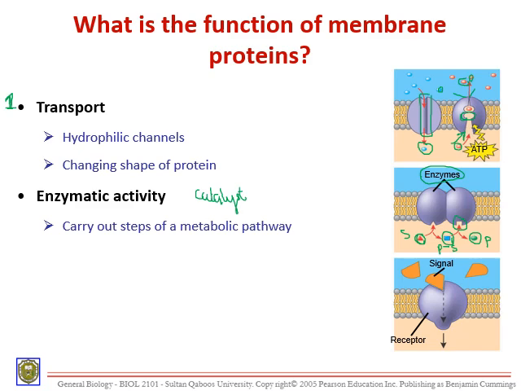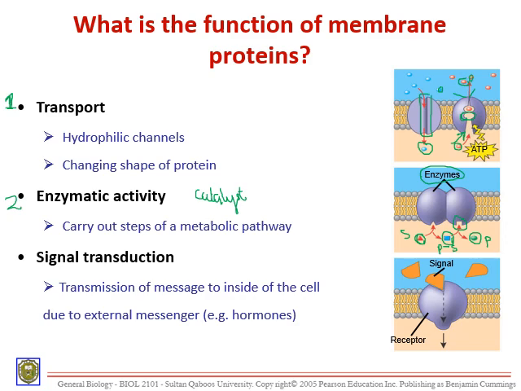So that's the second function of membrane proteins. The third function of membrane proteins is cell signaling. They play a role in cell signaling. Remember when we talked about hormones and receptors in Unit 2.4? No, I think Unit 2.5 in the proteins lecture. You remember that? So this is a receptor.